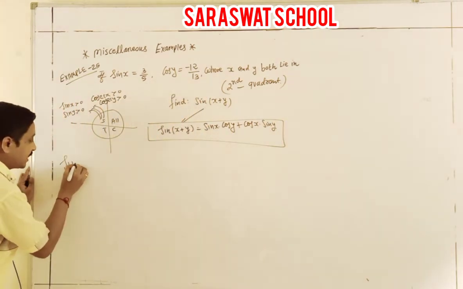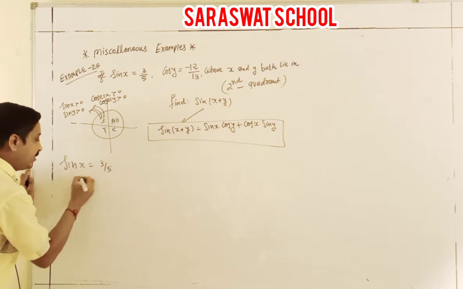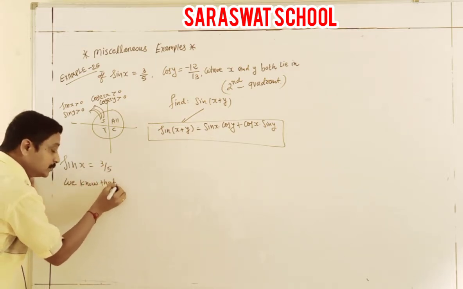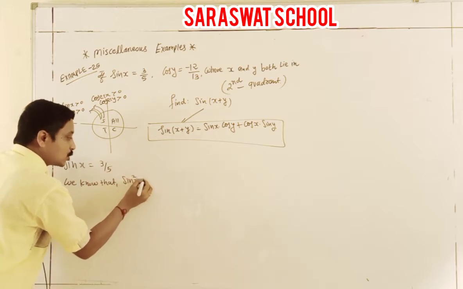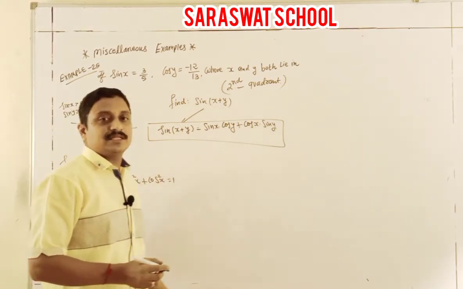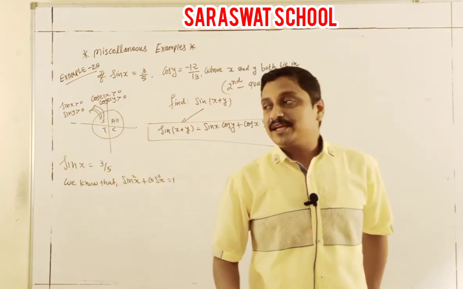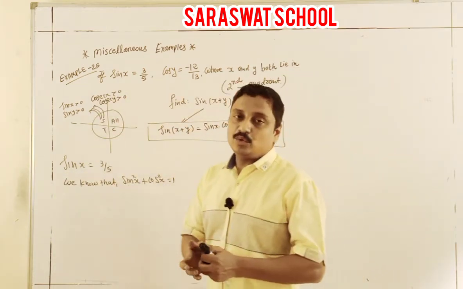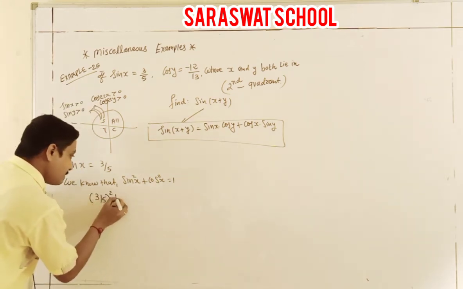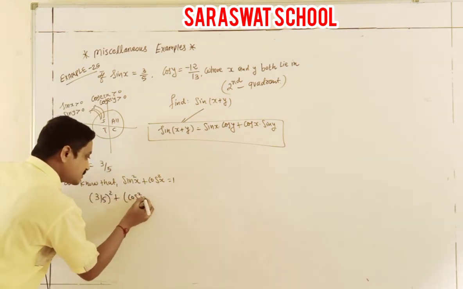Now sin x is 3 by 5. We know that sin square x plus cos square x is equal to 1, and I just apply that here. So you get the cos x value from (3 by 5) square plus cos square x.